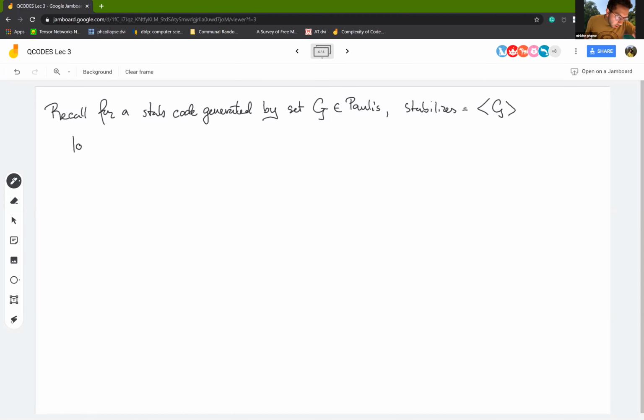And the logical operators are anything which is in the commutator of that group, set minus what can be generated by that group.